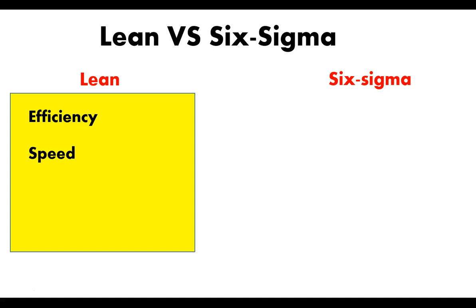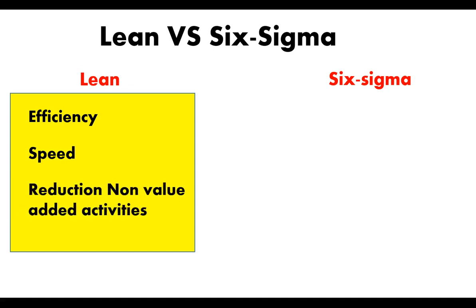Lean is very focused on things like how long it takes for a product or a process to go through a complete cycle. And like I alluded to before, there's a high focus on reducing non-value added activities. This is going to be gone over more in future lectures. So Lean is really about taking waste out of a process or making a process much more efficient, much faster, and reducing non-value added activities.